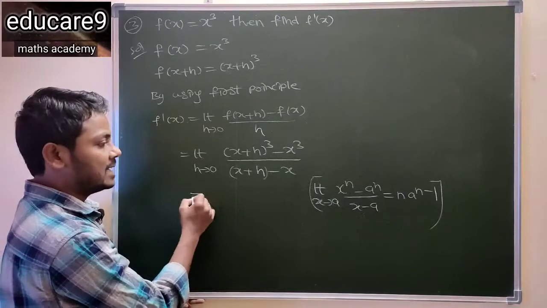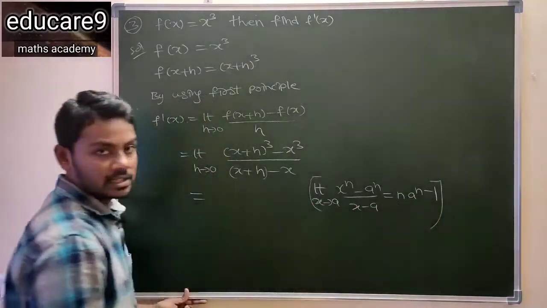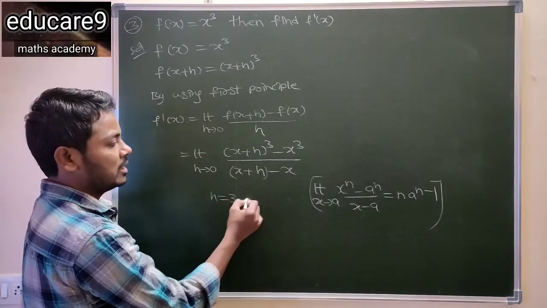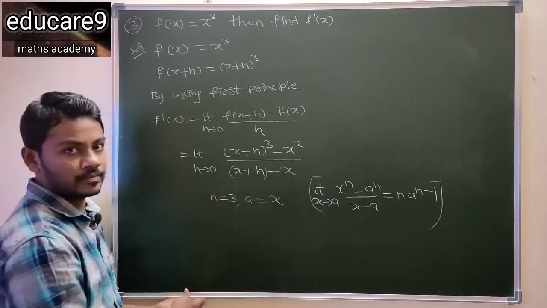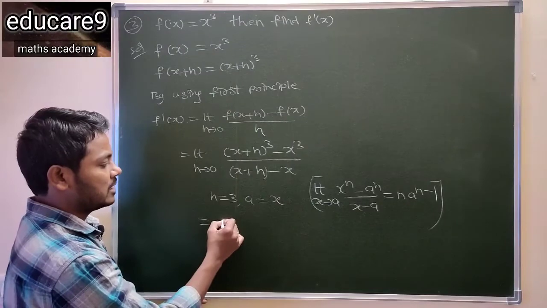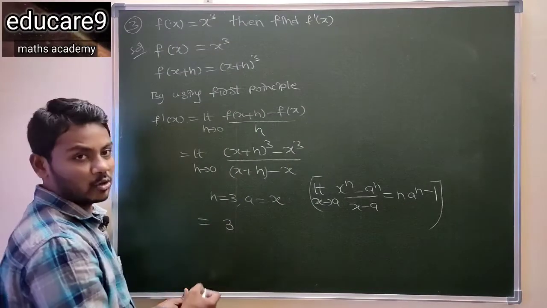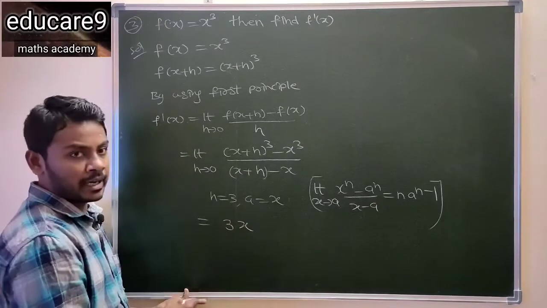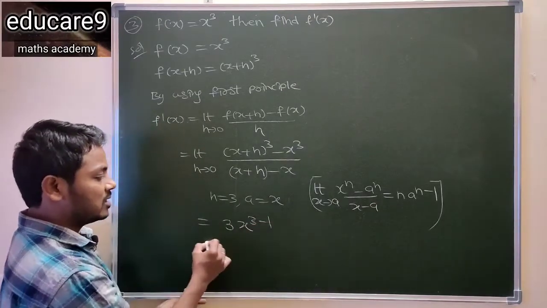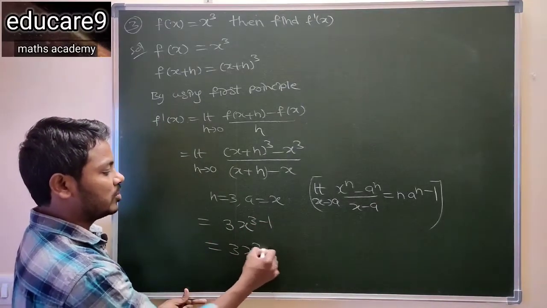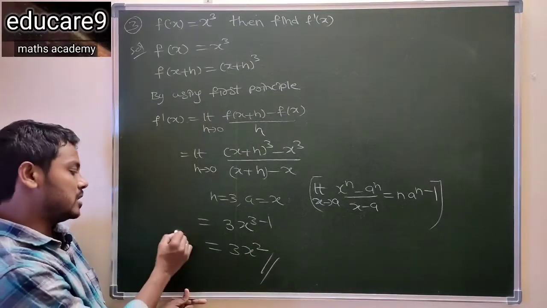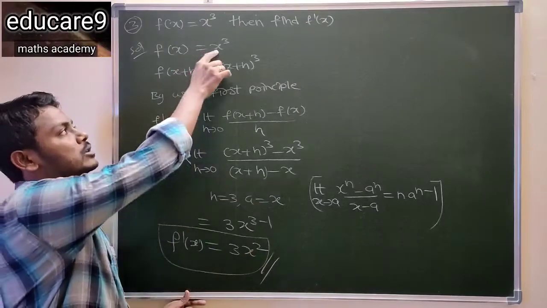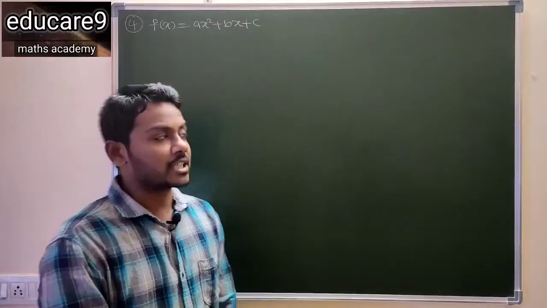So this can be written as n into a power n minus 1. So what is the n value? Clearly here n is equal to 3 and a is equal to x. So this can be written as 3 into a power n minus 1, that is 3 minus 1. So this is equal to 3 into x to the power of 2. So this is the derivative of which function? x cube.